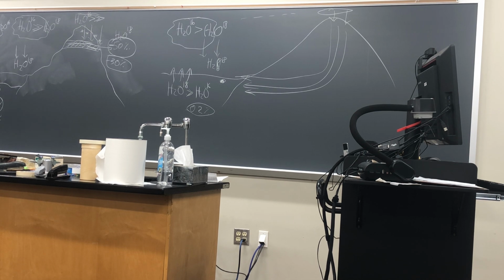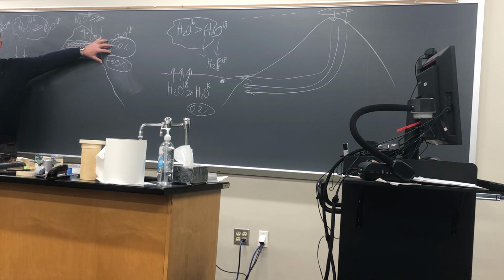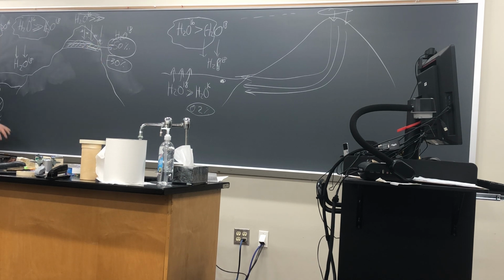So ice always has very negative or depleted oxygen 18 values. The foraminifera always have enriched or higher oxygen 18 values during these cold periods in climate. Okay?